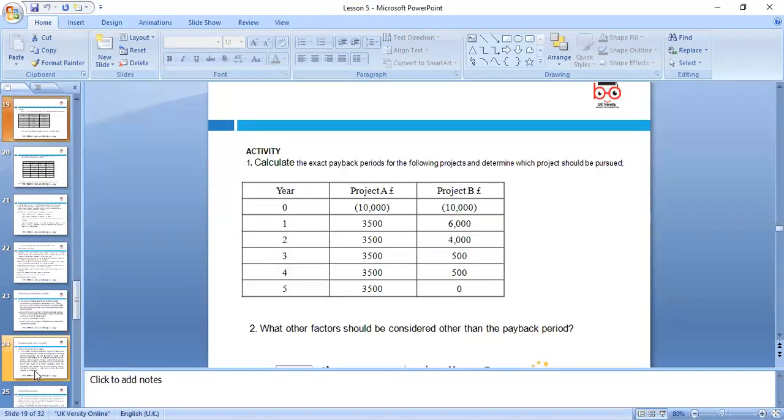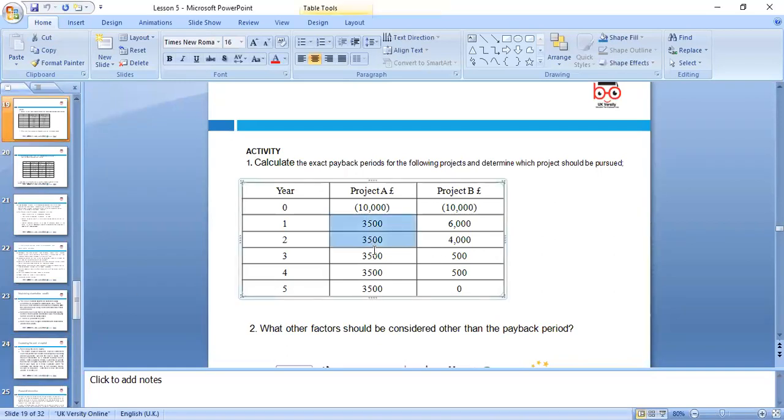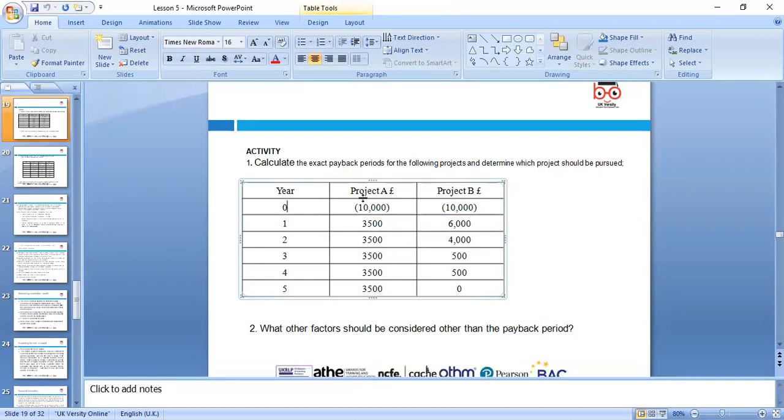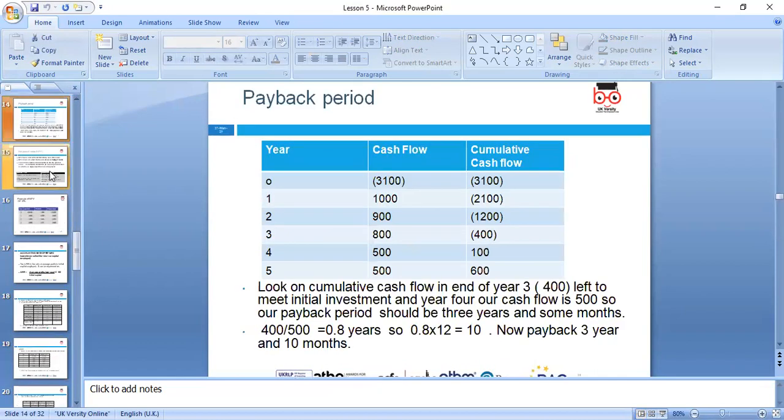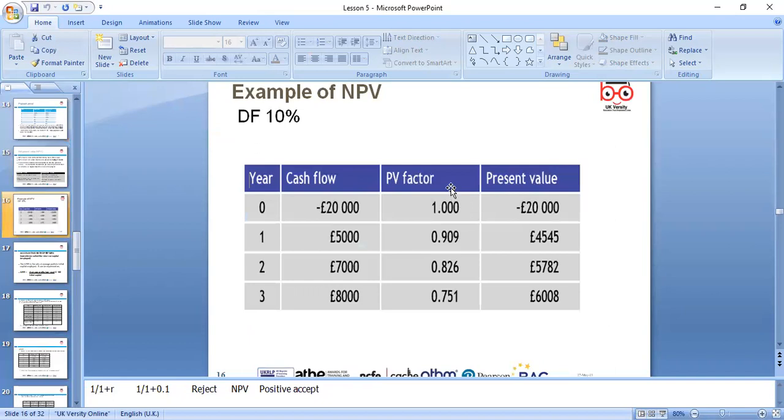Okay, I included some more activities, so displays based on discount factor. You can try to calculate before the next lesson based on the example. If you use a 10% discount factor, which is the cost of capital, you do the discount factor like we did here.